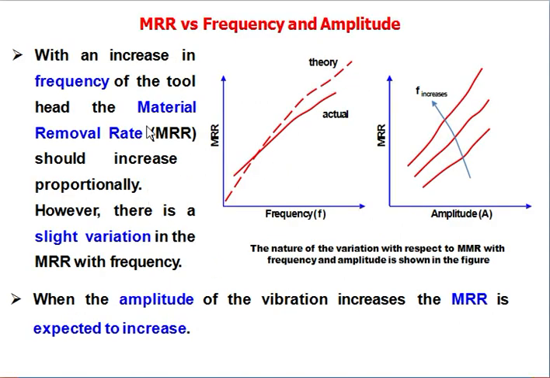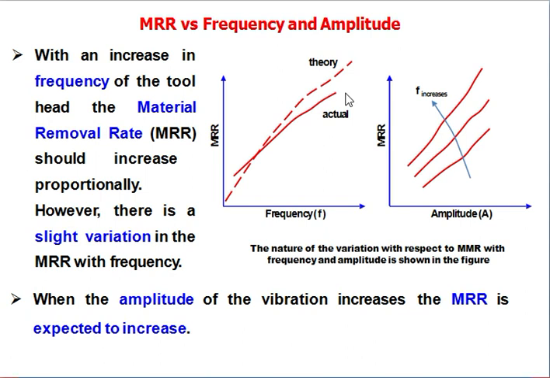Now we are going to have a look at MRR versus frequency and amplitude. You can see this is the MRR, this is the frequency. Theoretically they go in a very inclined manner, but actually whenever you are increasing the frequency, the MRR is also getting increased.